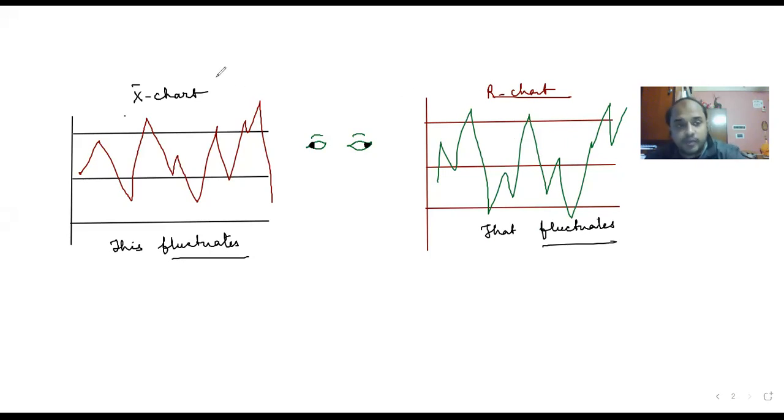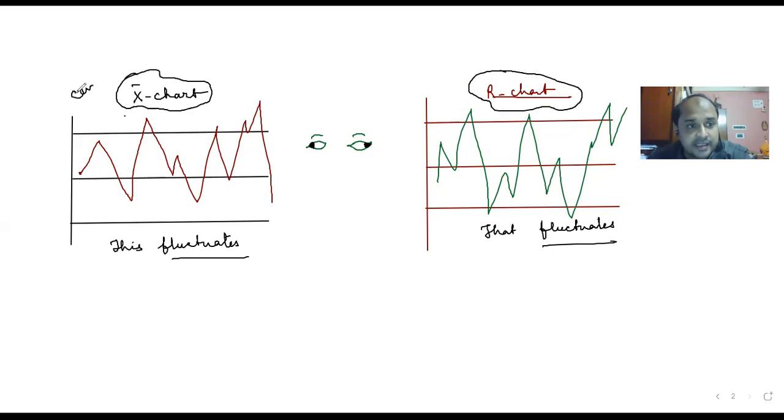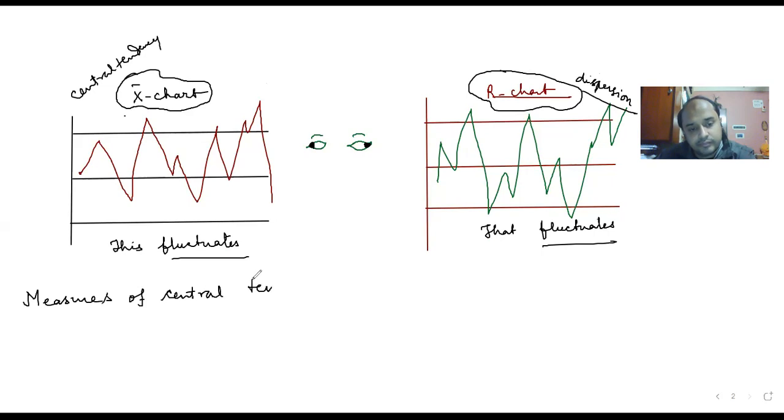Why is it so? Because X bar talks about the average, the central tendency, and the R chart talks about dispersion. When we start learning statistics, we come across these two ideas: measures of central tendency and measures of dispersion.